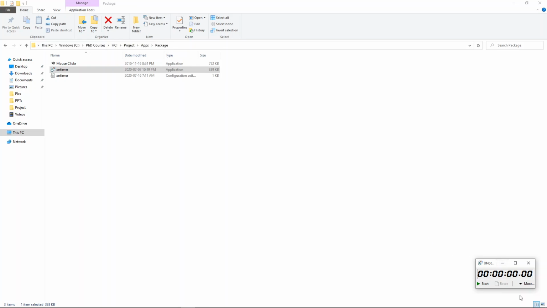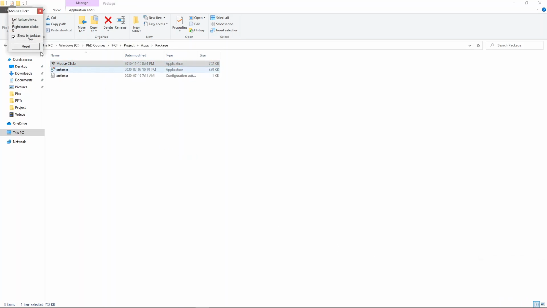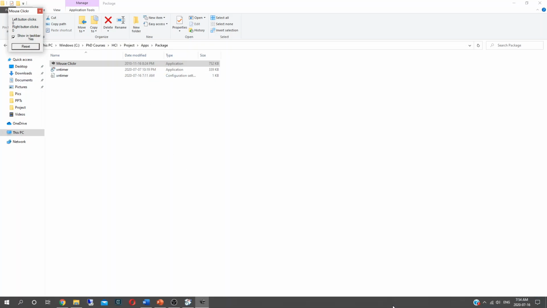You can resize it and also keep it always on top so that you can see the time, and you can stop it when required. You can start it or reset it, and then you will have the mouse click counter, which will count the number of times you have clicked the left button of your mouse and the right one. So these are all reset, right? All zero.